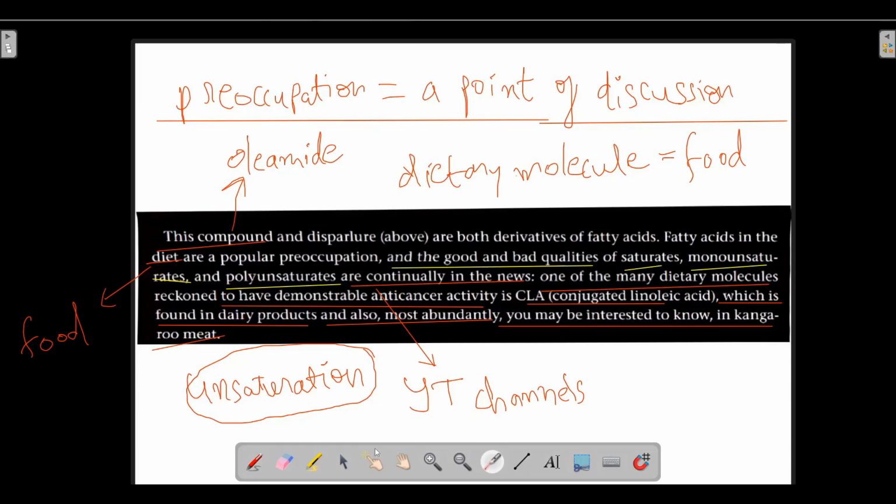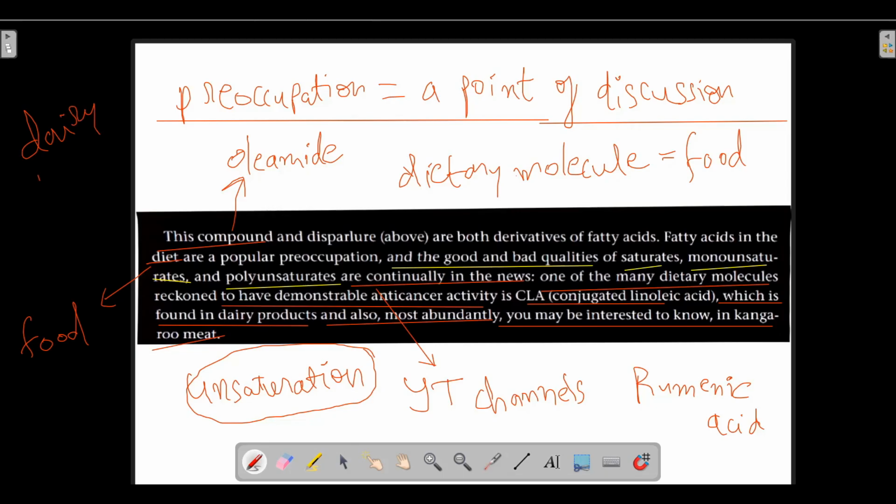Okay. So CLA is found in dairy products. This CLA which has anti-cancer activity is rumenic acid. It is found in dairy products. What does it mean by dairy products?